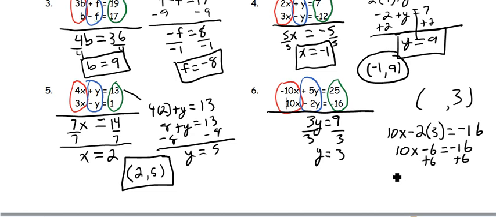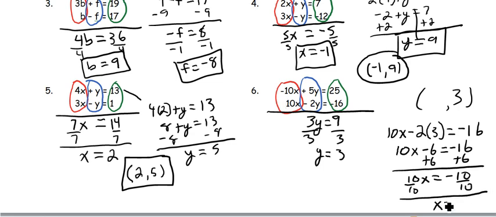Add my 6 back in. 10x equals -10. Divide by my coefficient, which is 10. I end up with x equals -1. So that goes here.